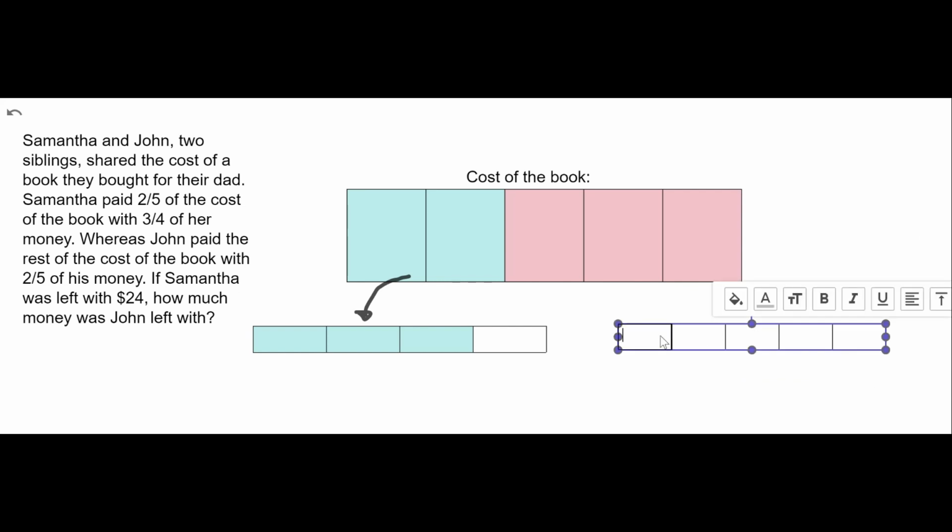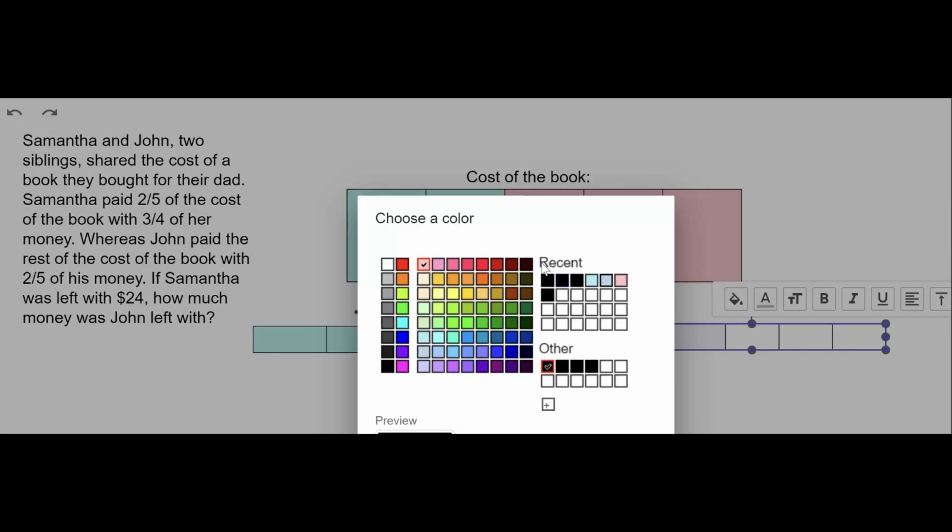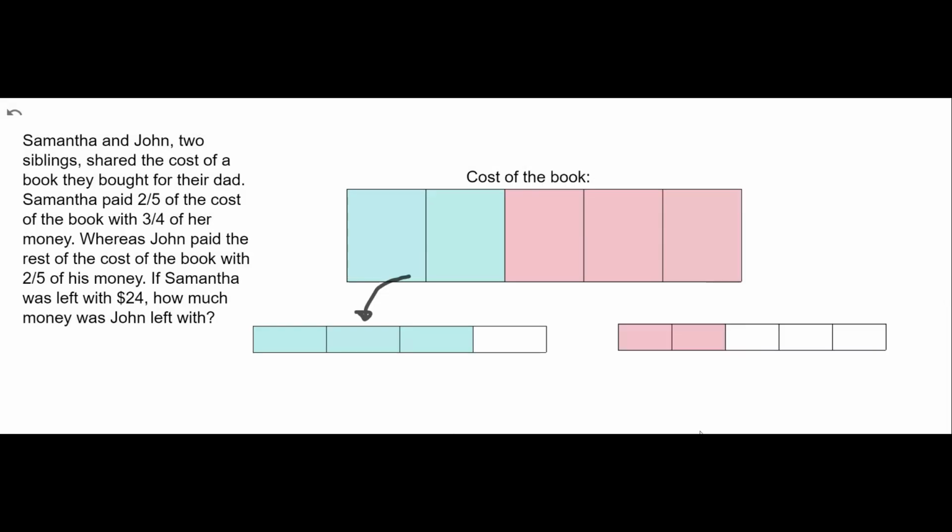Since he paid for 3/5 of the cost of the book with 2/5 of his money, we will shade that in. They are the same color because 3/5 of the cost of the book is actually 2/5 of John's money. Now we'll label the two so we know.